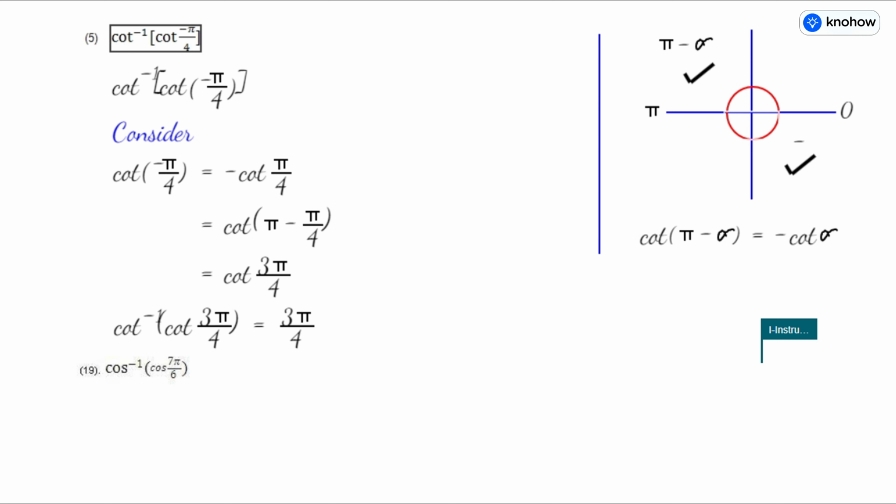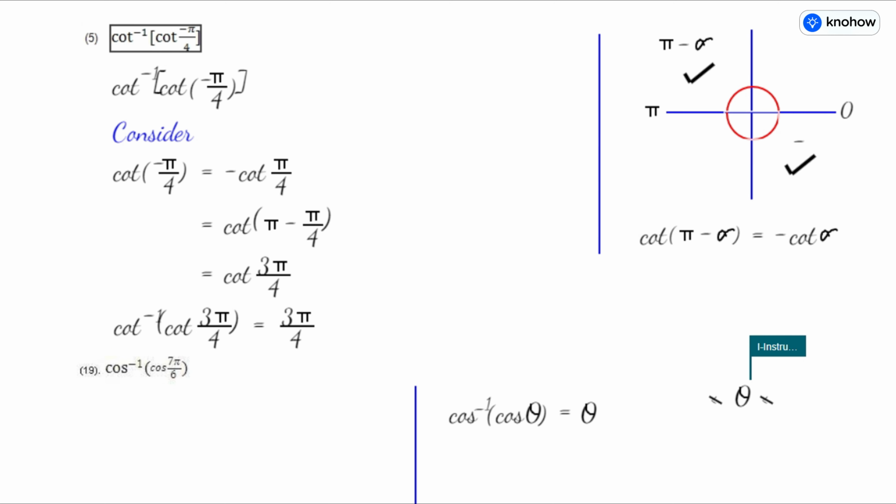Okay. Now it is cos inverse. You have to find the value of cos inverse cos 7 pi by 6. And of course we use the property cos inverse of cos theta is theta, provided theta lies in the principal value branch. And what is the principal value branch of cos inverse x?